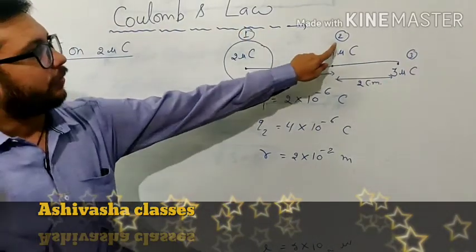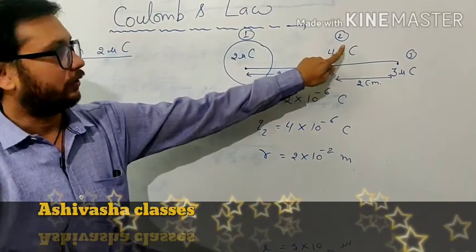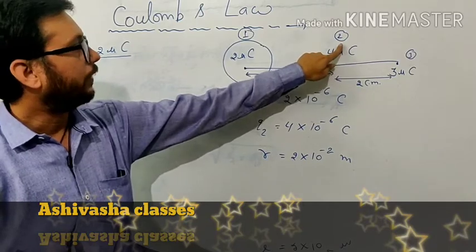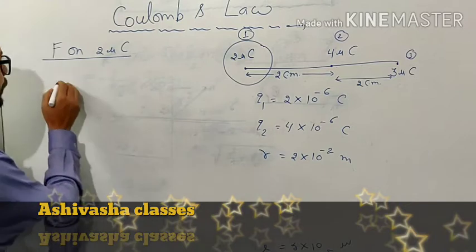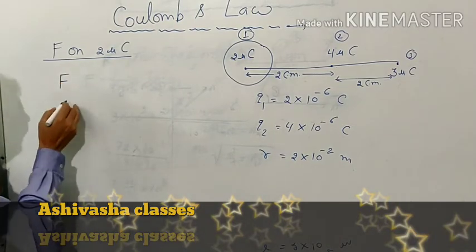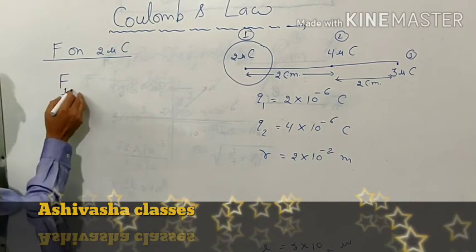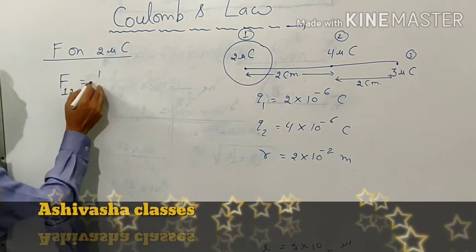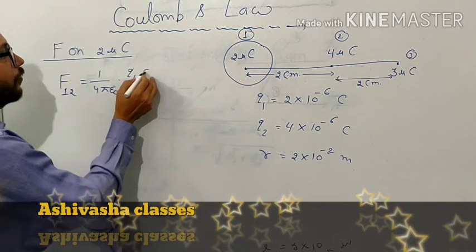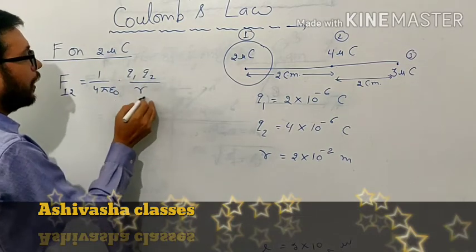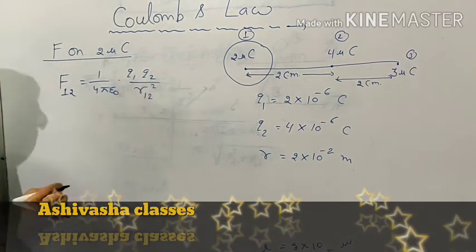So the charge 2 will apply force on charge 1. So we have force on charge 1 due to charge 2, and the formula is 1 upon 4 pi epsilon naught q1 q2 upon r12 square.